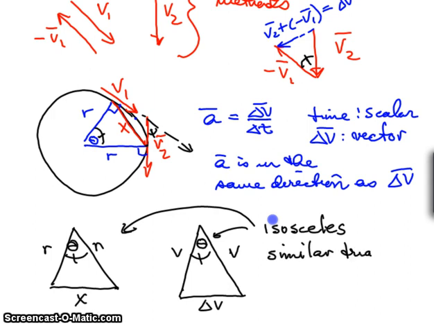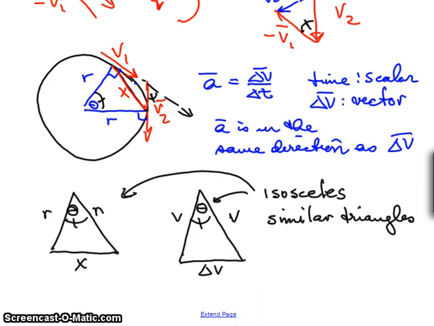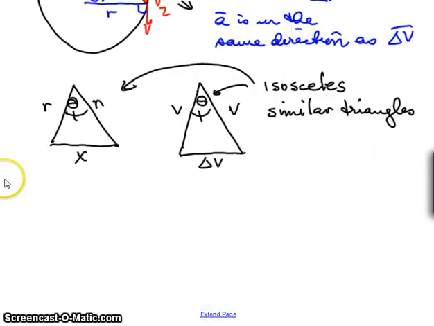So we've now associated our vectors with some geometry here. And the handy thing about that is that now we can do a ratio, because since they're similar triangles, the base and the heights are related. And so we can say x, the base of this triangle, is to r as delta v, the base of the other triangle, is to v.